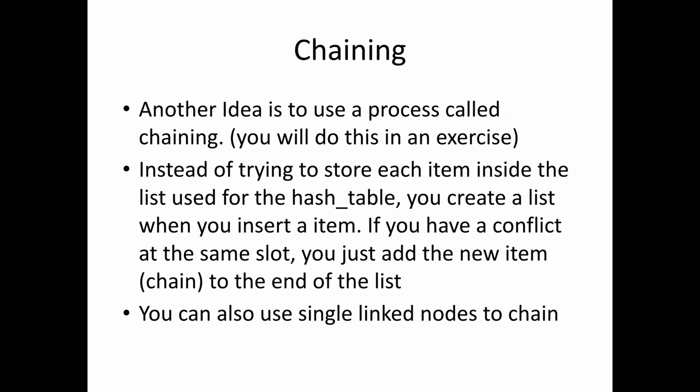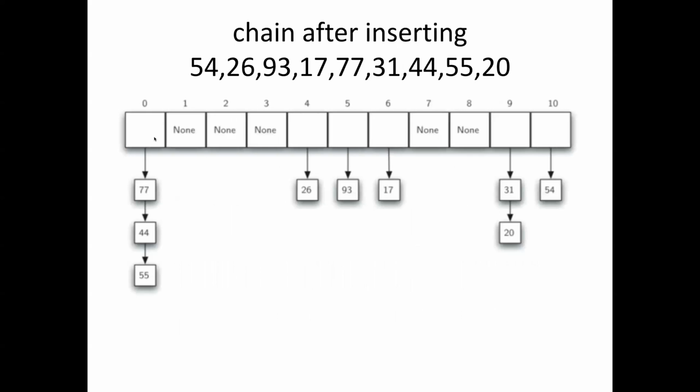So next is chaining. Another idea, instead of doing linear probing or rehashing or quadratic probing, is that at the slot where you have a collision, you can have a linked list, right? You no longer go to the adjacent slot. You still stick to that slot as the head of the linked list, just like a chain. In the picture, you can see 77, 44, 55 all hashed to 0.